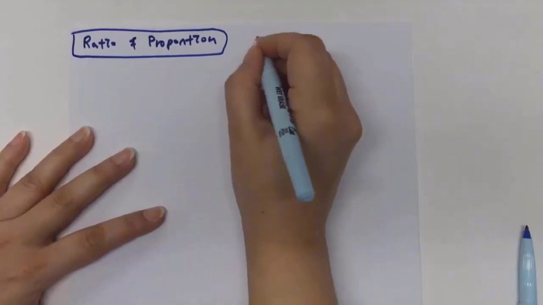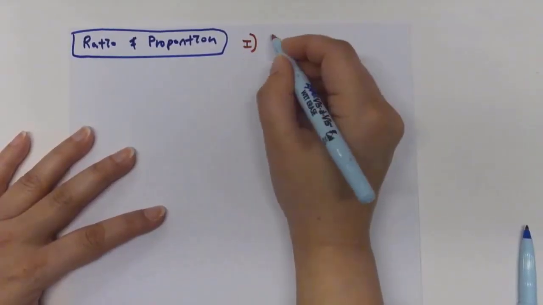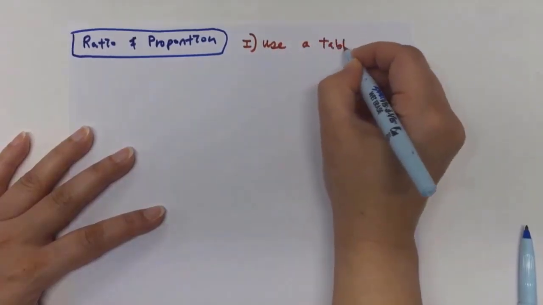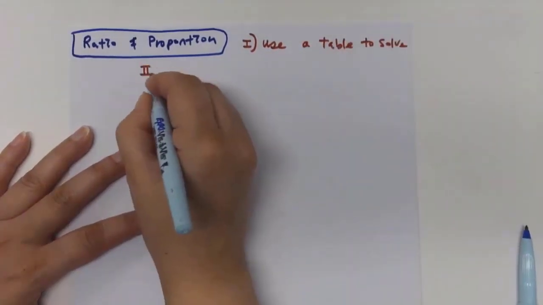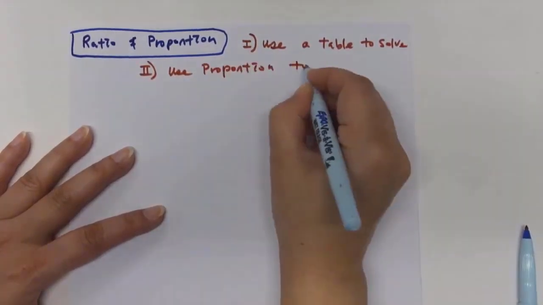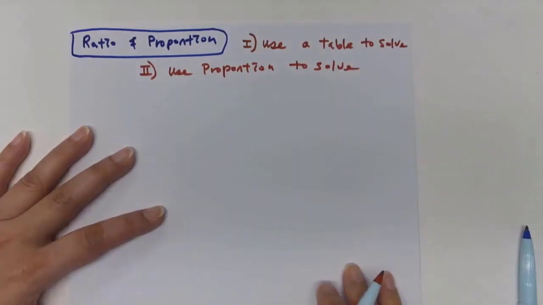So for this kind of problem, first, they want you to use a table to solve. And second, they want you to use proportion to solve. So we will do two different ways.